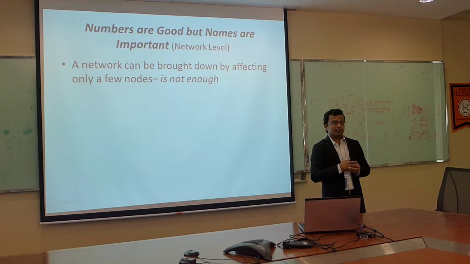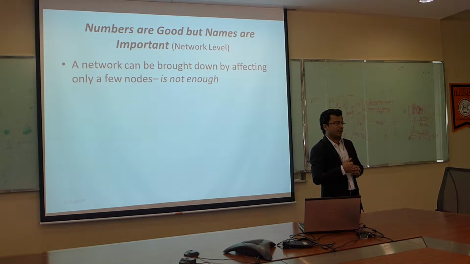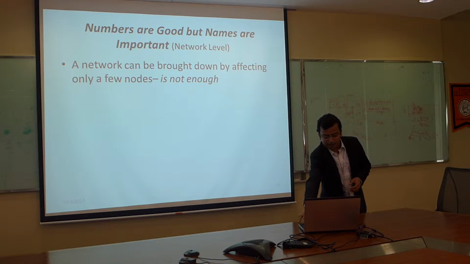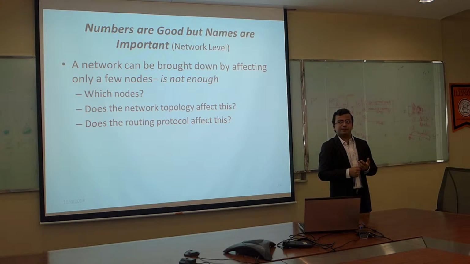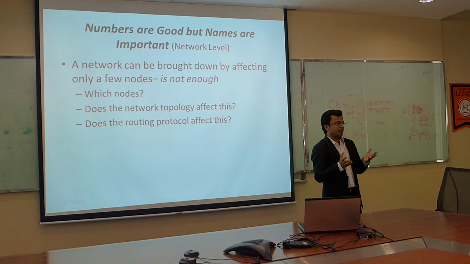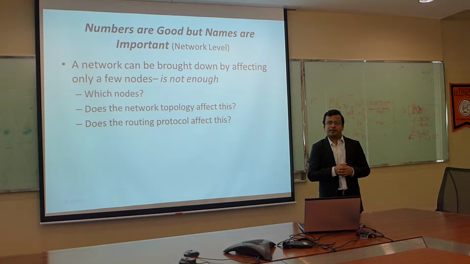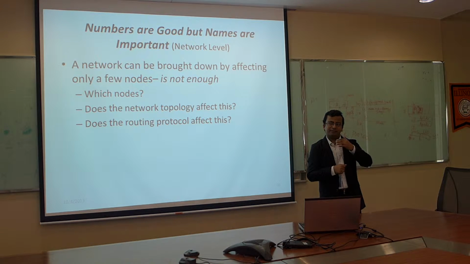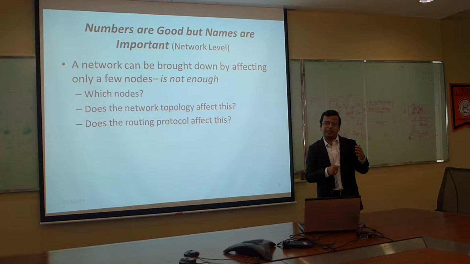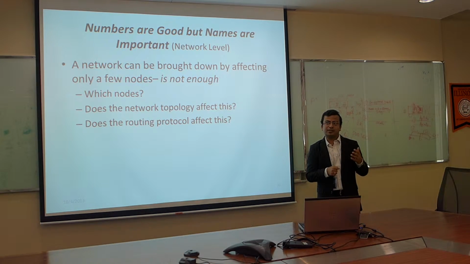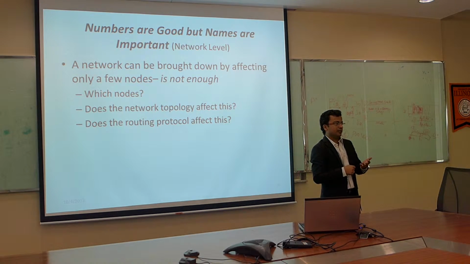But is this information enough for, say, a utility to act upon? For a utility to act upon this kind of information, it would also need to know which nodes get affected. And does this information remain constant in time? Or, if the network topology or the routing protocol changes, will this information also change?